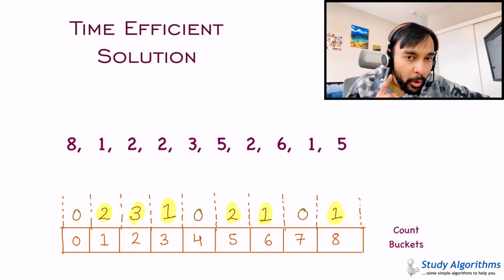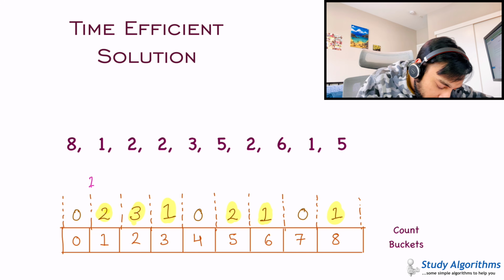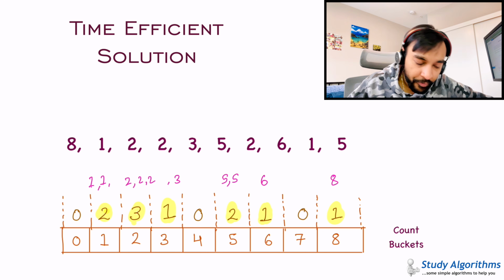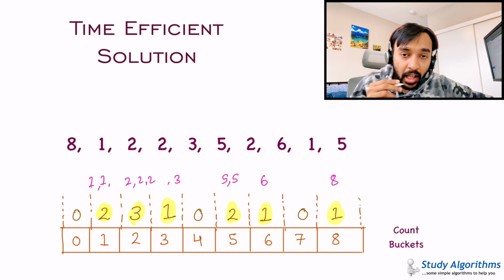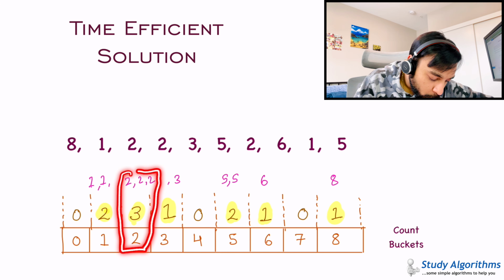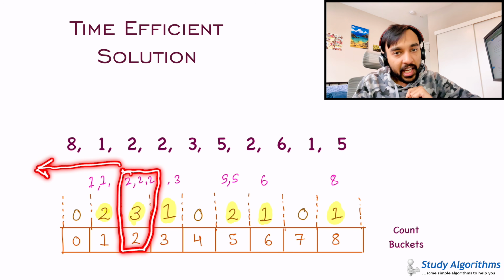Now, take a moment to think what this array is actually representing. You have 2 ones, you have 3 twos, you have 1 3, you have 2 5s, you have 1 6, and you have 1 8, right? Now, go one step ahead. Just look at element number 2. If you look to the left of this, how many elements you can see?